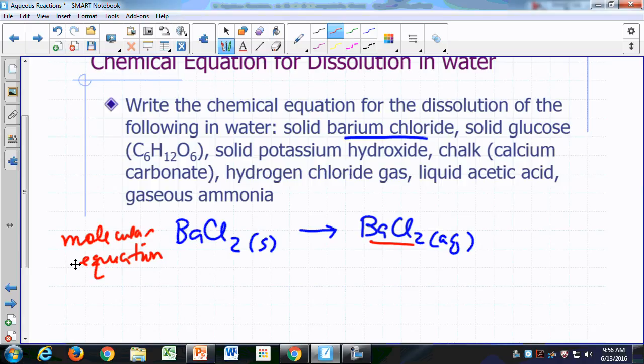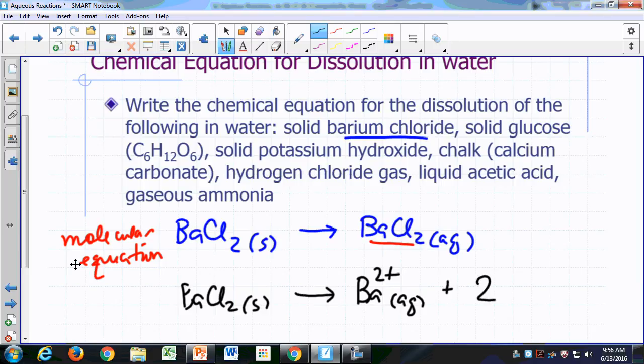It's really not. It's really made up of ions. So a more accurate representation of what happens is to write something like this: BaCl2 solid yields barium ion, Ba2+ aqueous, plus 2 chloride ions aqueous. So this is what you would call your ionic equation.